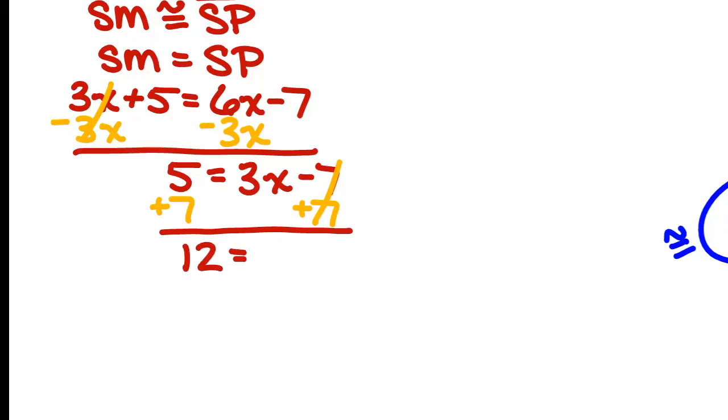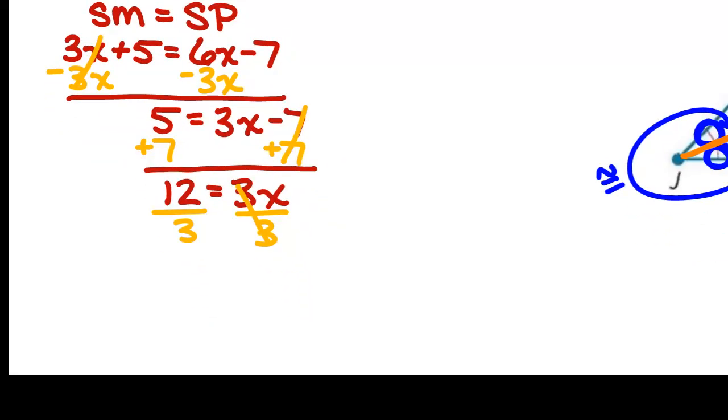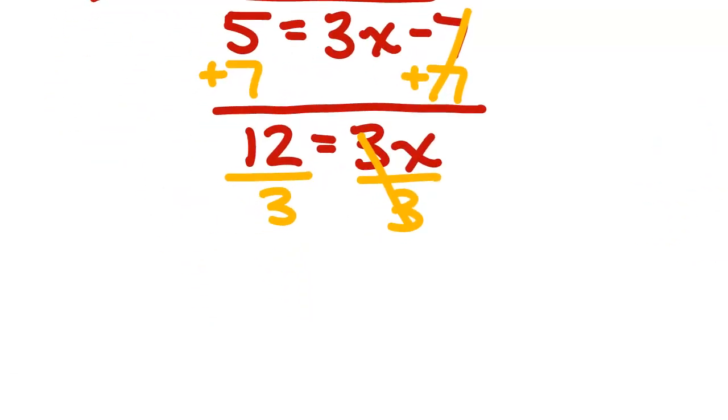So I have 12 equals 3x. And then I'm going to divide both sides by 3. What is 12 divided by 3? 4. So I get 4 equals x.